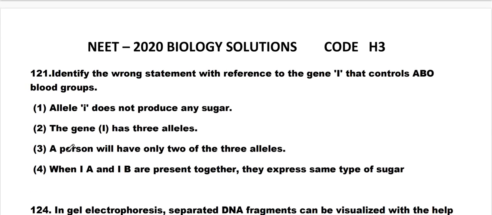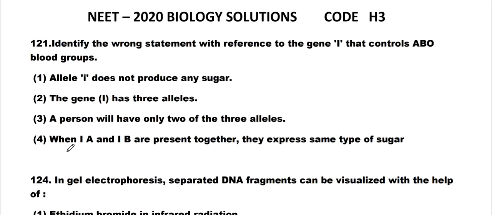Next, 121. Identify the wrong statement with reference to gene I that controls ABO blood groups. Small i does not produce any sugar. Yes, this is a recessive allele. Then the gene I has 3 alleles. Yes, that is IA, IB and small i.